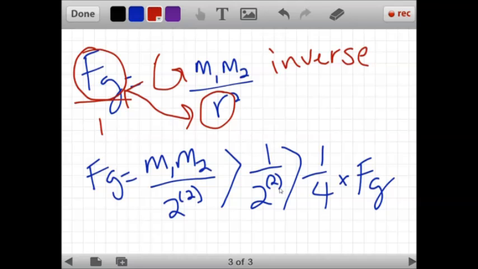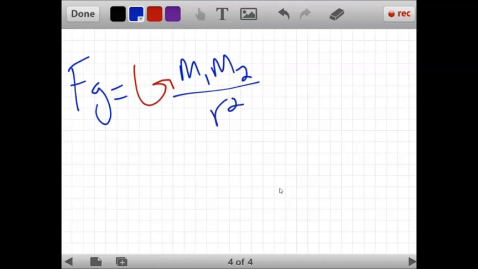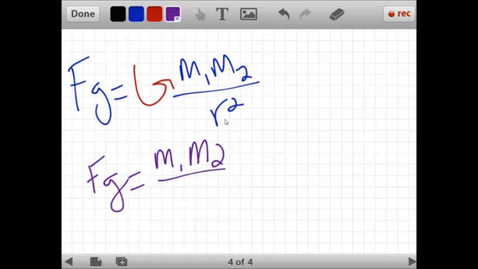Let's look at one more. Let's see what happens if I triple the distance between two objects, or triple the radius. So I would get Fg is equal to G, which is some number that always stays the same, not going to mess with that. M1 and M2 aren't going to change for this problem because I'm just tripling the radius. If I put in a 3 down here for the radius, you're going to get 1 on top again, because we can make that any number we want.